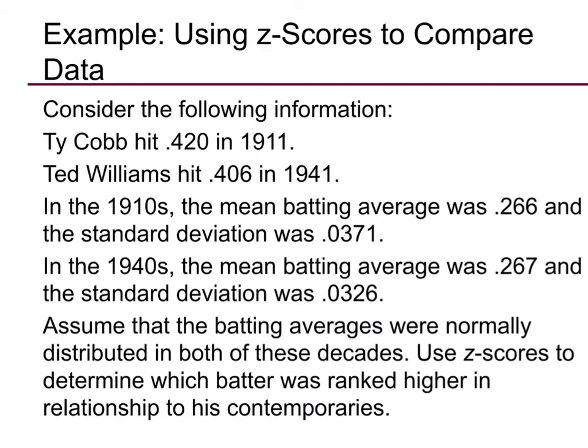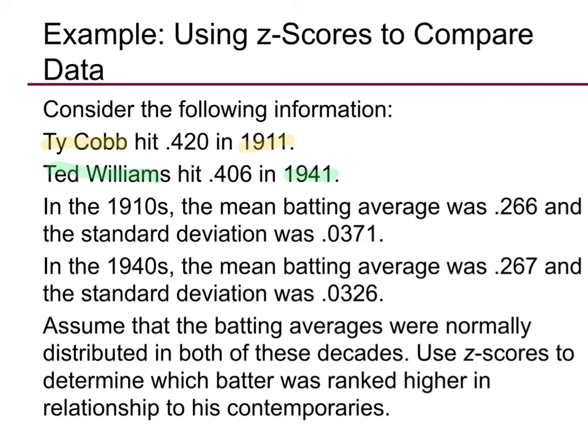In our next example, we're comparing baseball players from two different eras. Ty Cobb was a baseball player in the 1910s, and then Ted Williams played in the 40s. I'm not sure if it was the 30s and 40s, but they played in a different era. Baseball was different in those two times, and baseball looks different now.